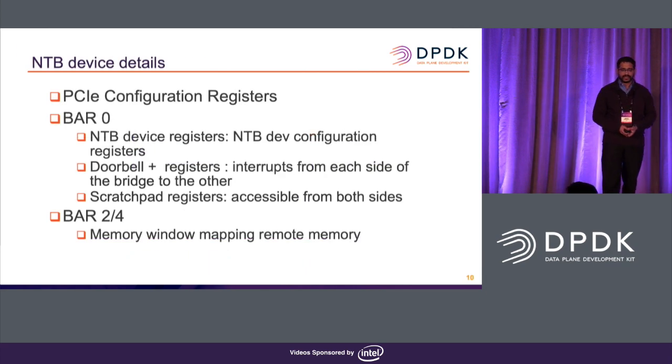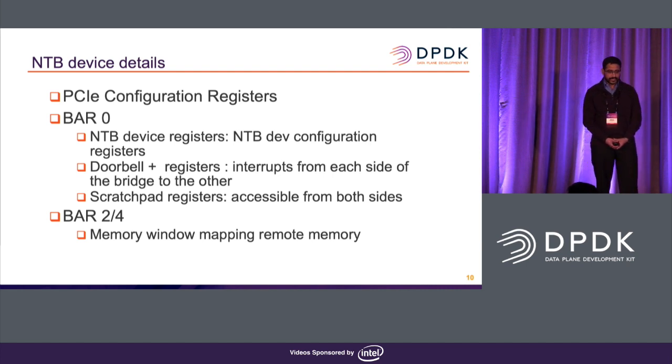Now more about the NTB device details, because for folks who are not familiar with NTB devices, this is a good slide introducing what it gives. It is a general PCI device having its own config space, and two important aspects here are what BAR 0 and BAR 2 indicate. BAR 0 is configuration registers.